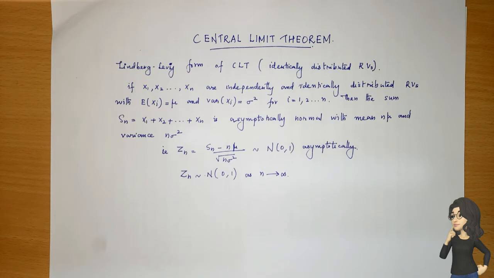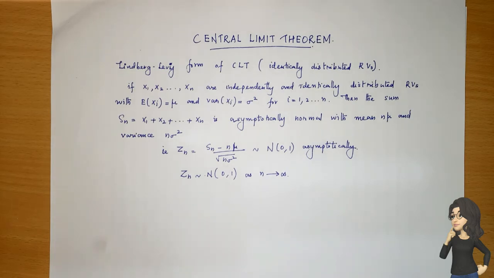Since the variables are independent and identically distributed, the expectation of x1 is mu, the expectation of x2 is mu, and for all the xi's this expectation value is mu. Similarly, the variance is the same for all the random variables x1, x2, etc. xn. So for all these random variables, the expectation of xi is mu and the variance of xi is sigma square.